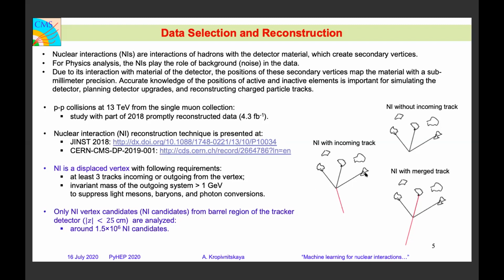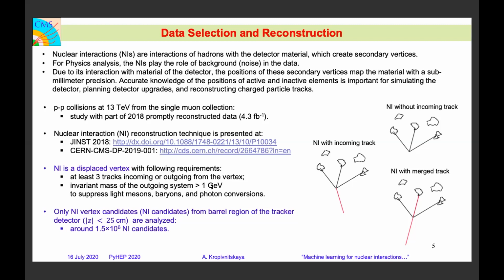And here you could see a schematic view, for example, of a nuclear interaction with an incoming track, which is marked in red, without an incoming track, and with a merged track. Also, we apply an invariant mass cut of the outgoing system above 1 GeV to suppress light meson and baryon decays, and also photon conversion.